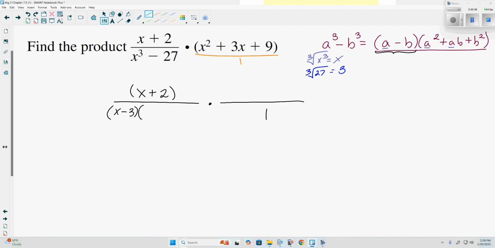In the bigger set of parentheses, our first term is a squared, so that first term squared, or x squared. In the middle, we have ab, so we'd have our x and 3 being multiplied together. And in the last spot, we'd have 3 squared.